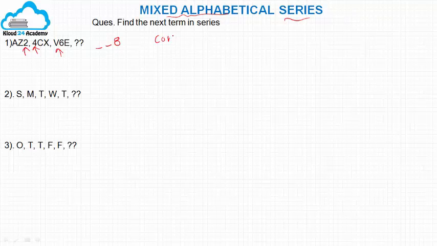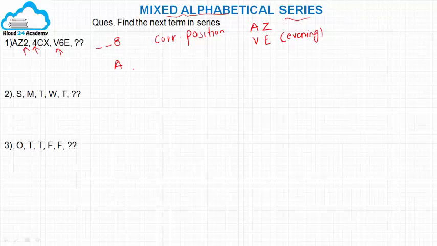This is again corresponding positions. A and Z have corresponding positions. V and E, that was for evening as per the table. Now there is again corresponding position which we have to find.